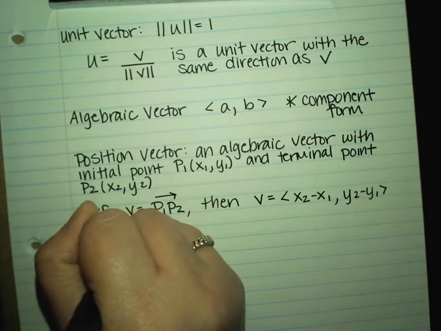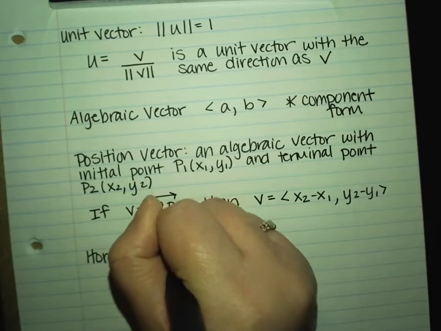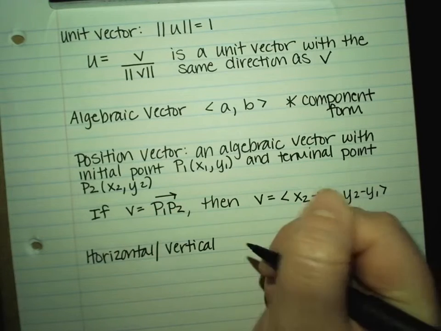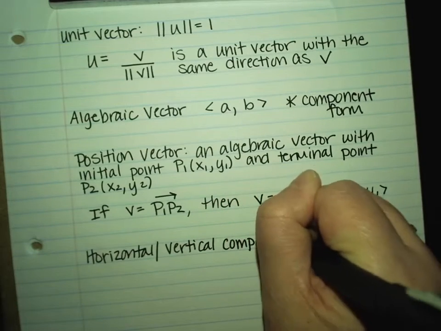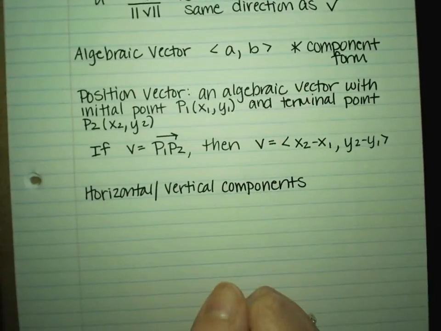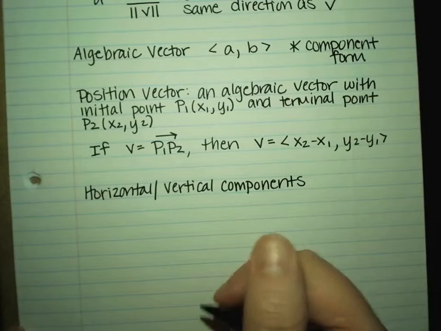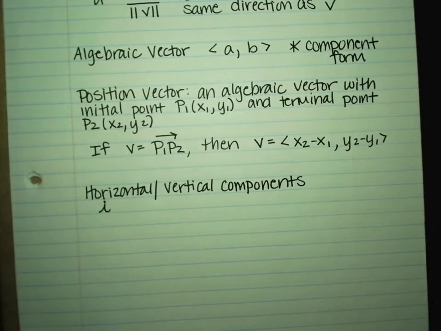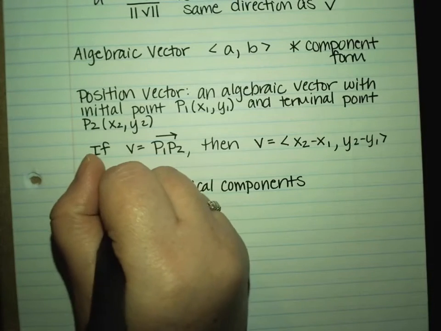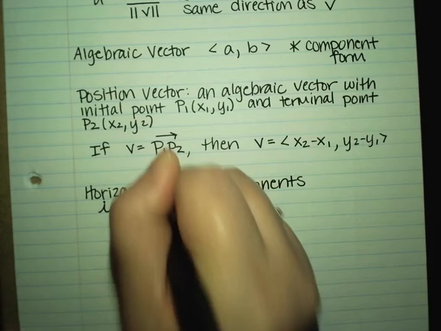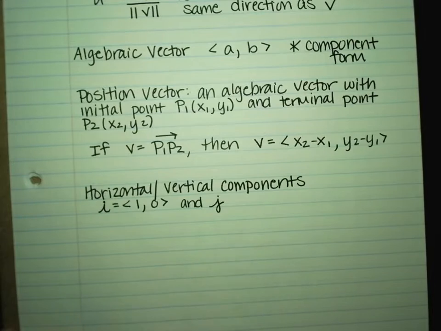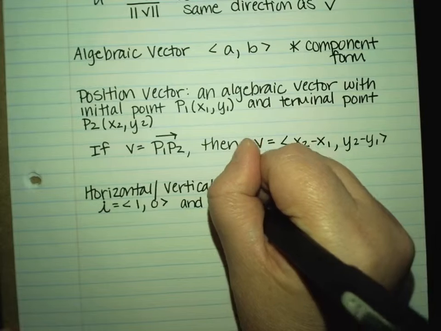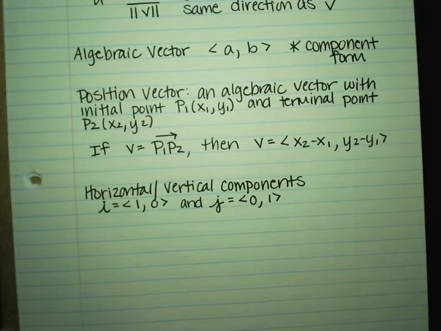Next we have horizontal and vertical components. We have the letter I, and that's equal to the component form 1, 0. And then we have J, and that is equal to the component form of 0, 1.